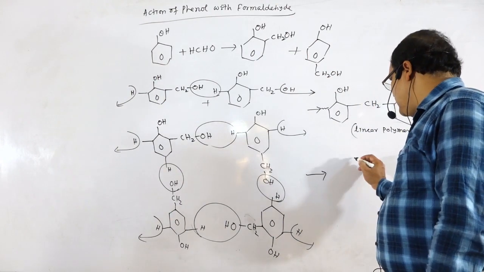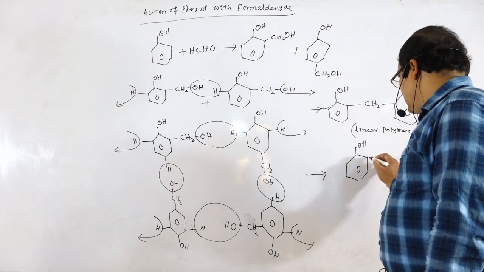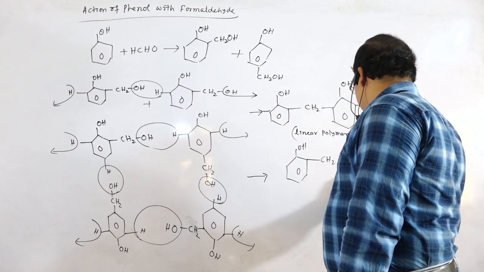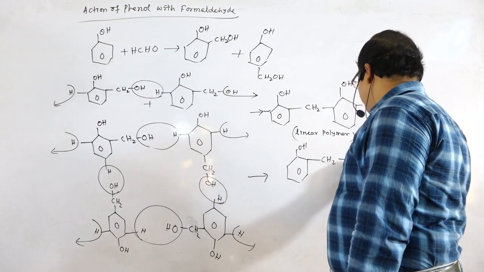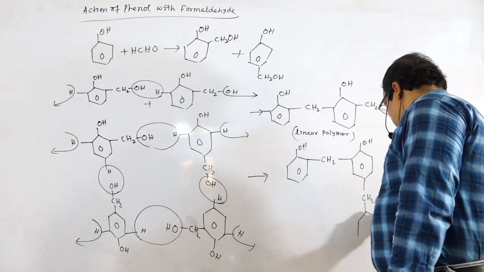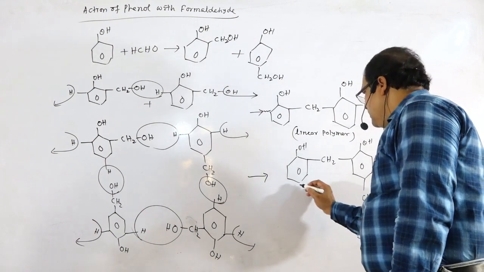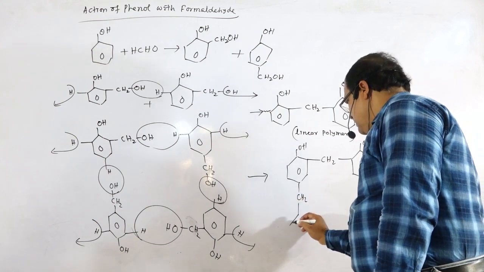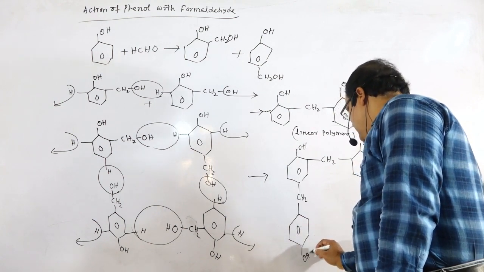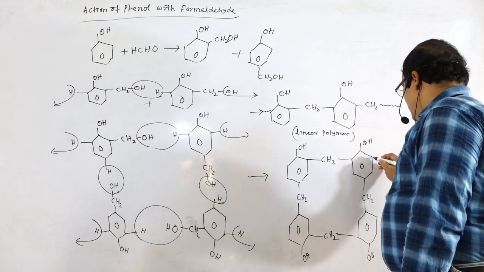There is the formation of this product: a benzene ring that is attached with OH, bonded to CH2, OH, then CH2, OH to this side, and these two benzenes are linked through that CH2 group.